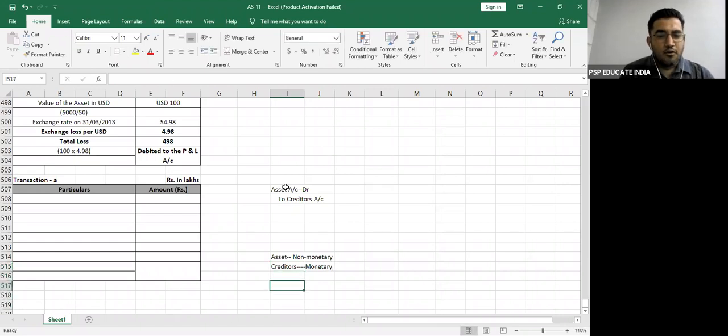Okay. What will be the journal entry when you transfer the loss of 498 lakhs to the profit and loss account? Profit and loss account debit to creditors.